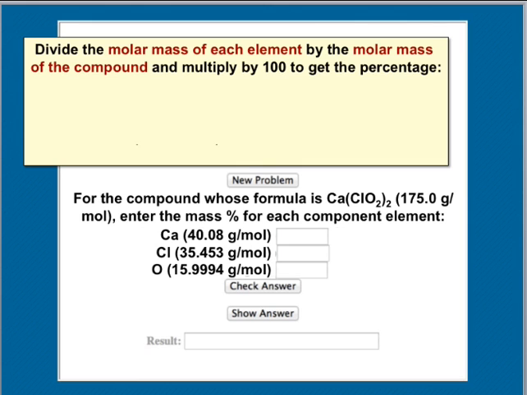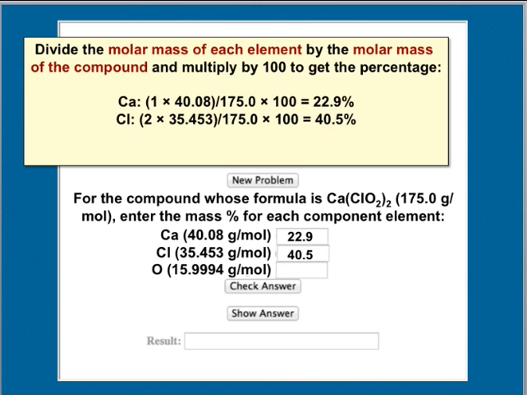For calcium, we have 1 calcium, don't we? That's 40 grams. Divided by our 175 gives us our percentage. 22.9. We have 2 chlorines. Each one is 35, so that's 70. Divided by 175, or 40%. And finally, our last one.